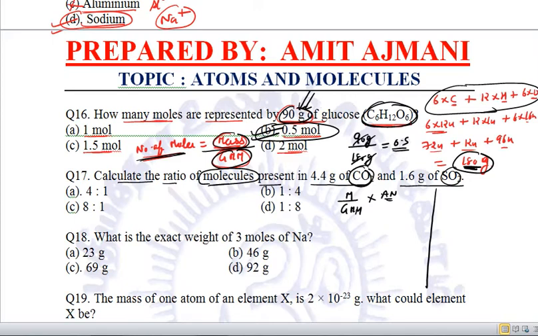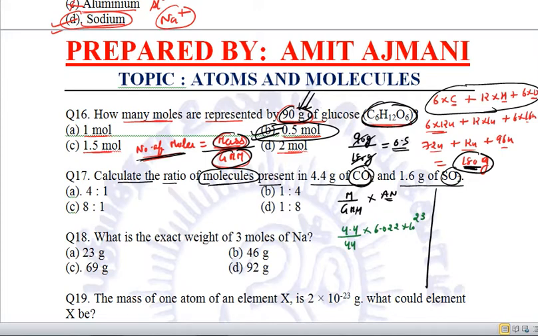For carbon dioxide, the mass given is 4.4 divided by the gram molecular mass we need to calculate of carbon dioxide, which is 12 plus 32 is 44, right? Multiplied by 6.022 into 10 to the power 23. So this is the number of molecules of 4.4 gram of carbon dioxide.